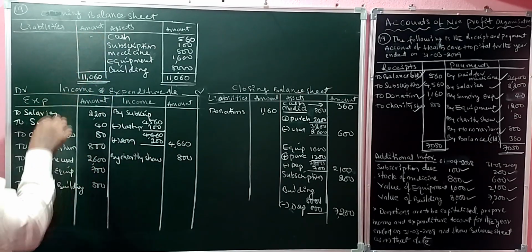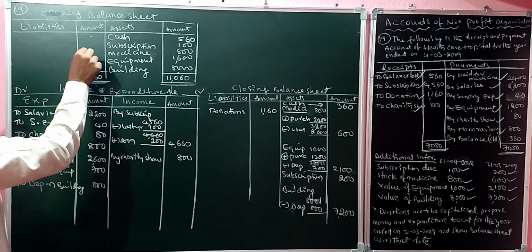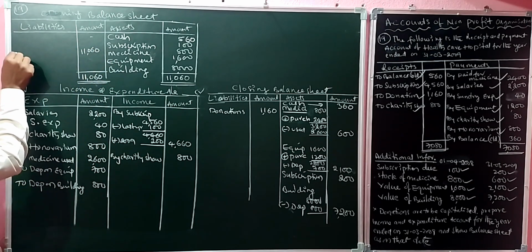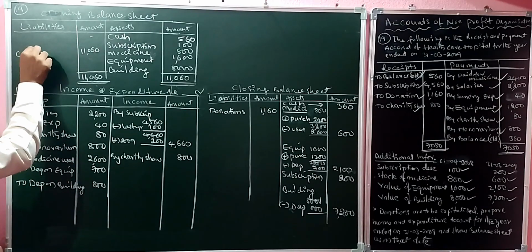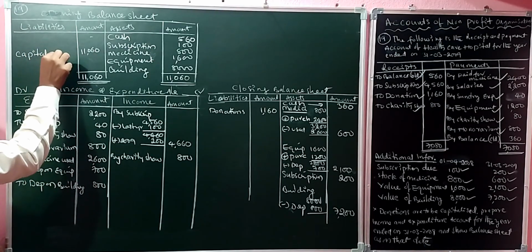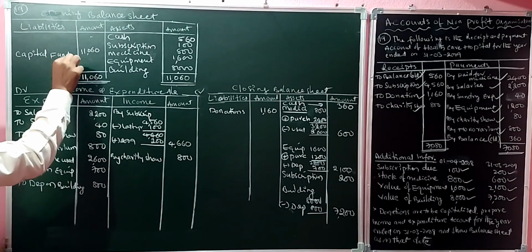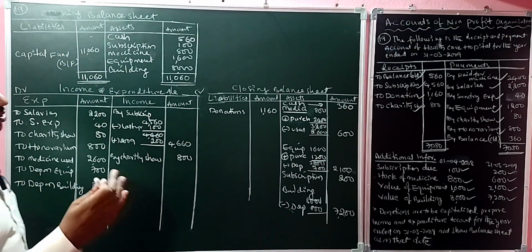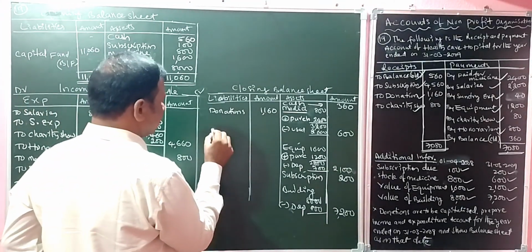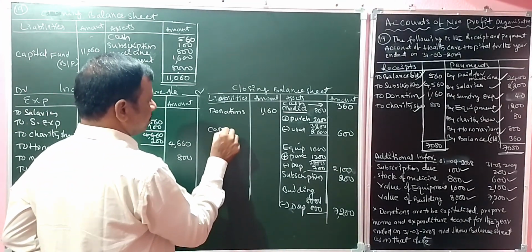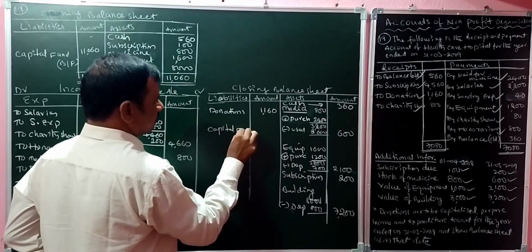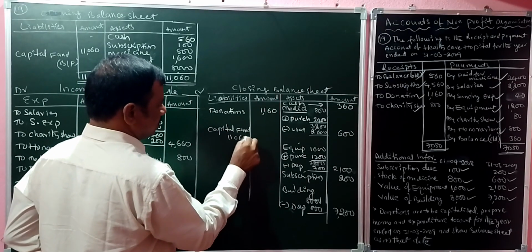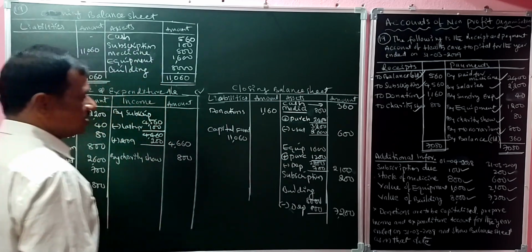So there are no other values. So here balance is 11,060. It is called capital fund. Okay, so that is called balancing figure. So this capital fund is transferred to closing balance sheet liability side. Here write down capital fund. So how much value is there? That is 11,060. Okay, right. So inner column.